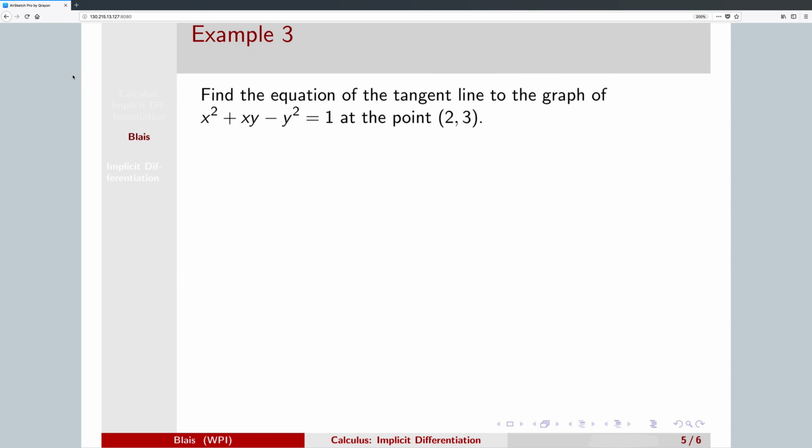Let's do another example. Suppose we have the expression given here, and we're asked to find the tangent line at this point (2, 3). So again, proceed by implicit differentiation. Differentiate both sides with respect to x.